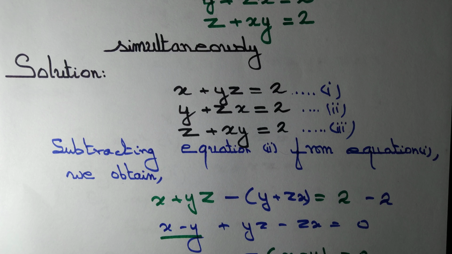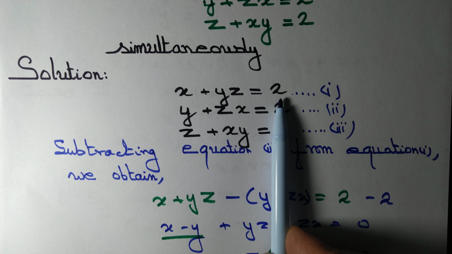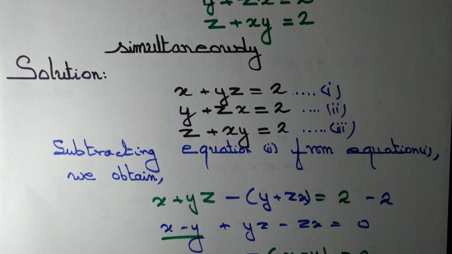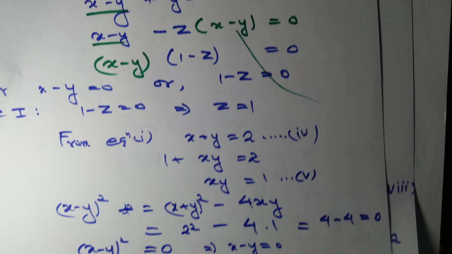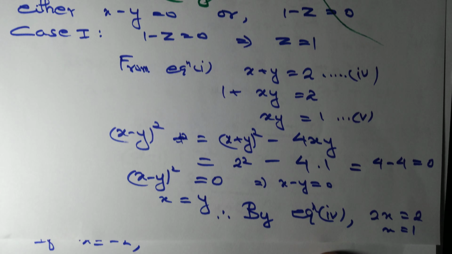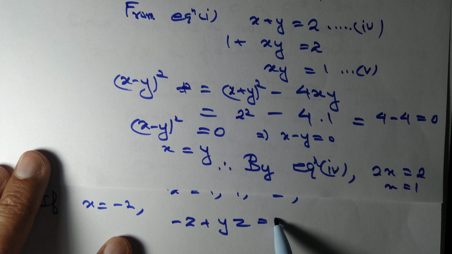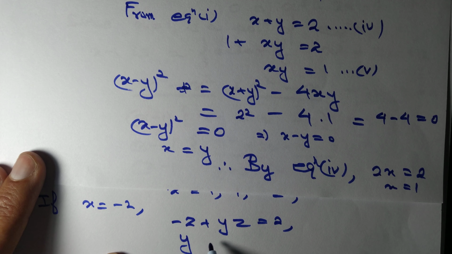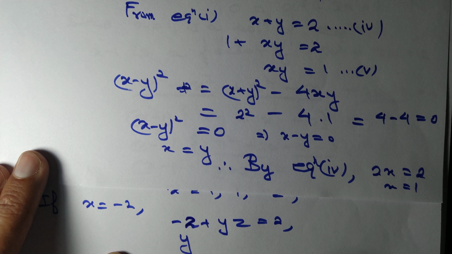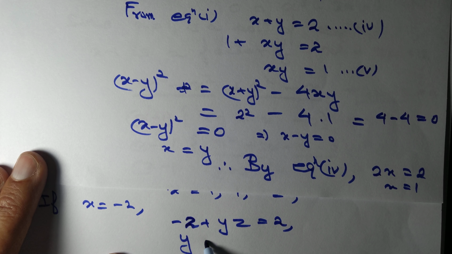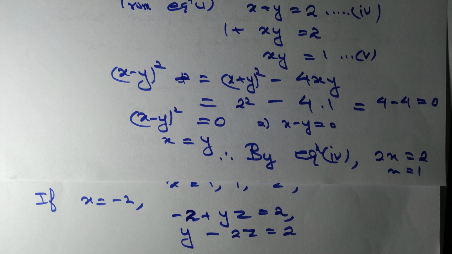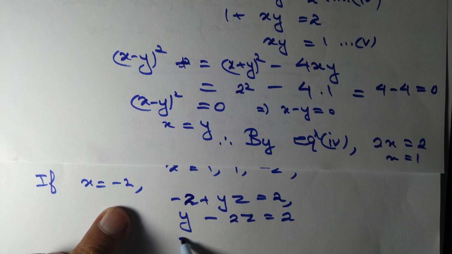From equation 1 to 3, we get minus 2 plus yz equal to 2, and y minus 2z equal to 2, and then z minus 2y equal to 2.